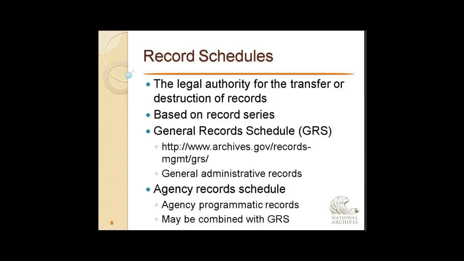Everybody does basic budgeting, financial type records, vouchers, that kind of thing. Every agency has the same type of records of a general nature. So those general administrative records found throughout federal government in all agencies are covered by the general record schedule. Okay, so those are for all records common throughout federal government.